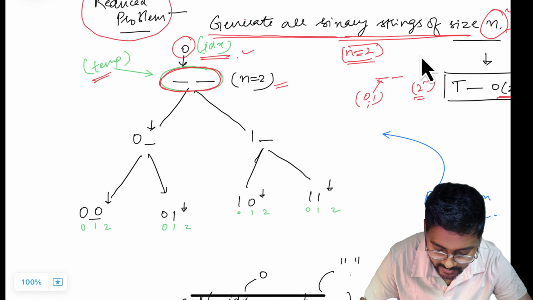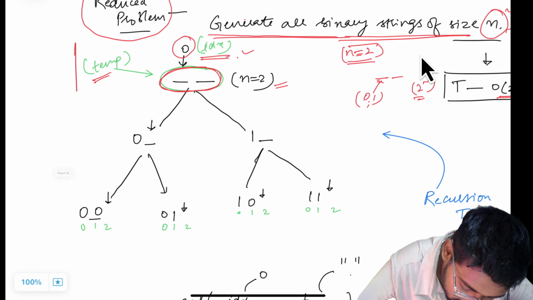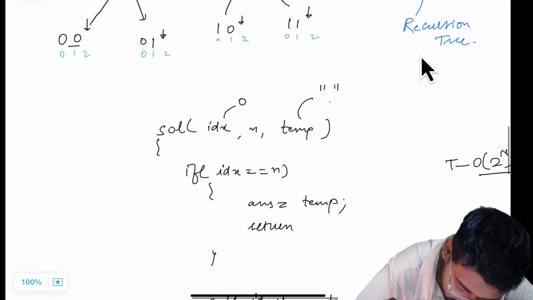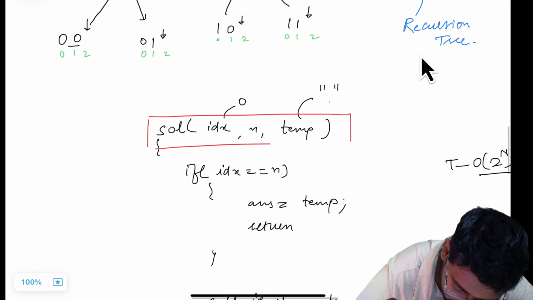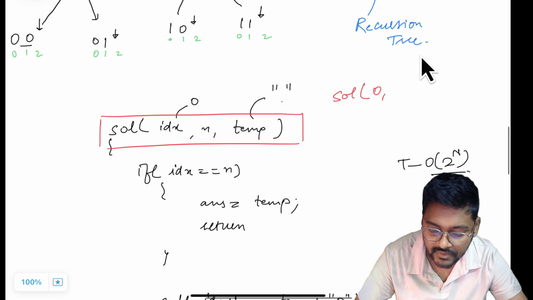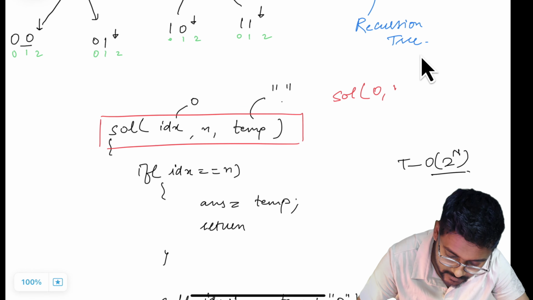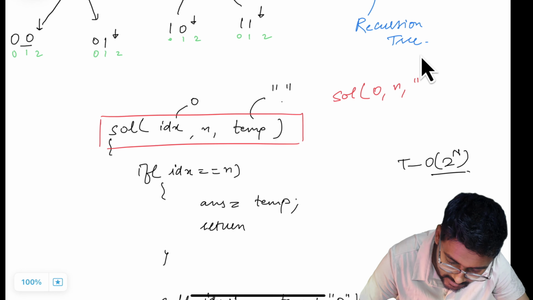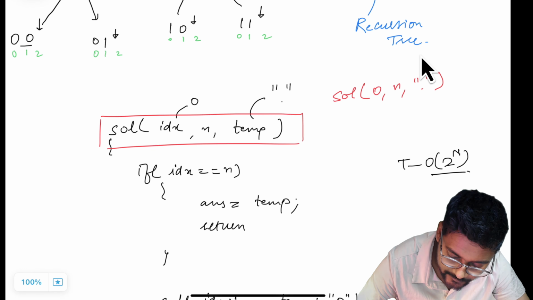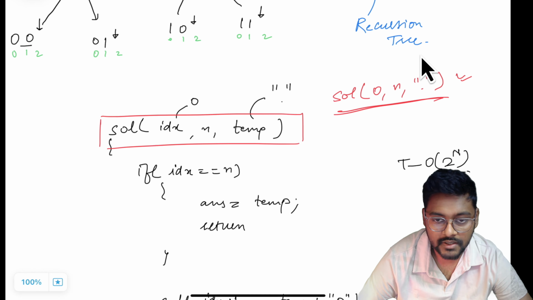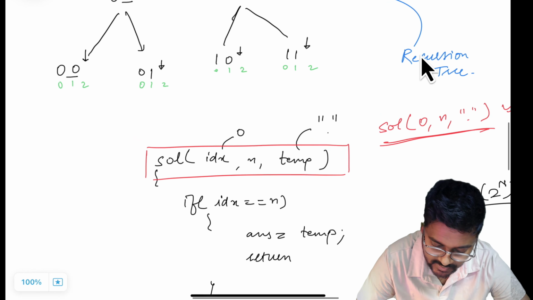This is the initial state of my recursion. It means the first solution function call would be solution of starting to fill the temporary string from index 0, n is the size for which we require the temporary string, and initially the temporary string is empty. This is the initial state to generate all the binary strings of size n.